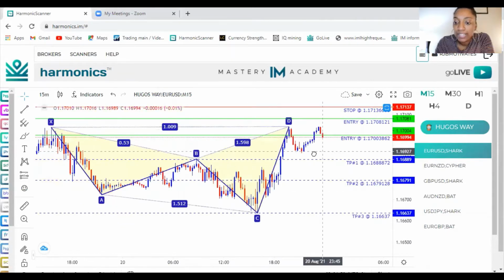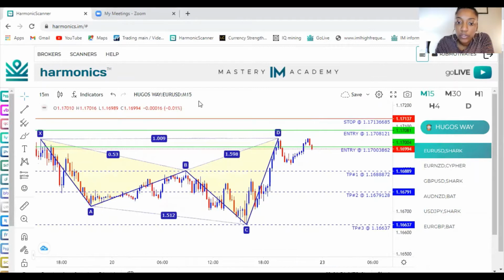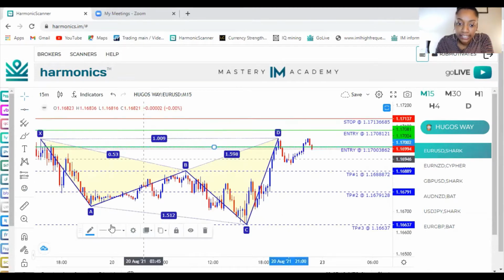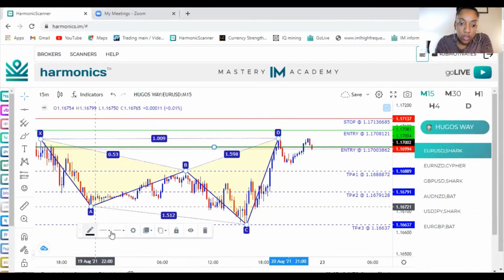And what the Harmonic Scanner is calling is Euro USD, which is the European dollar versus the US dollar, for a sell. So what you would do is enter the market here. The Harmonic Scanner called it for a sell.